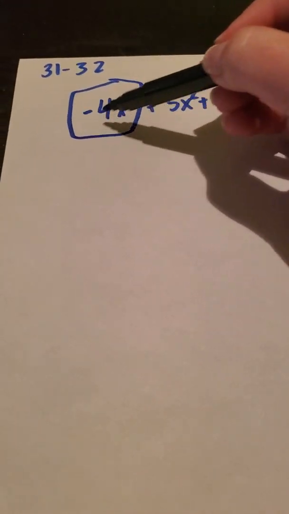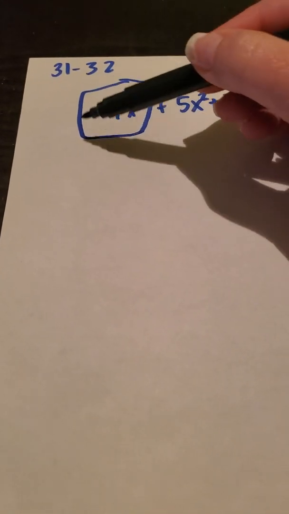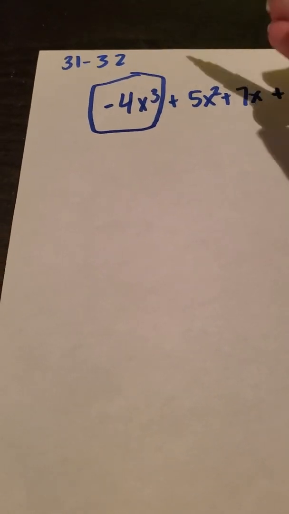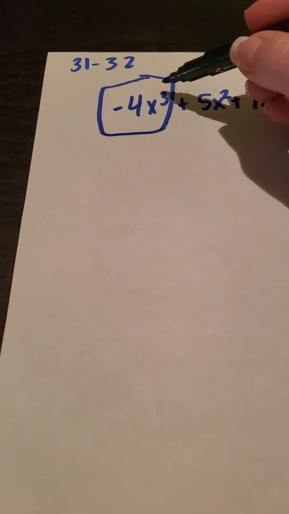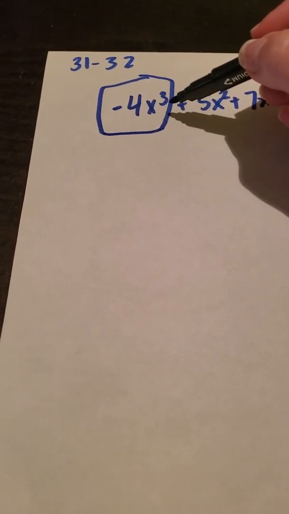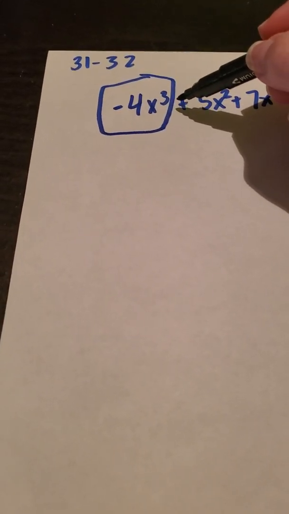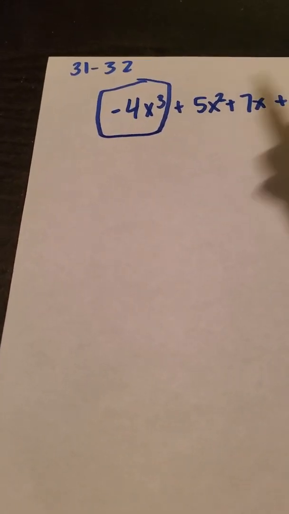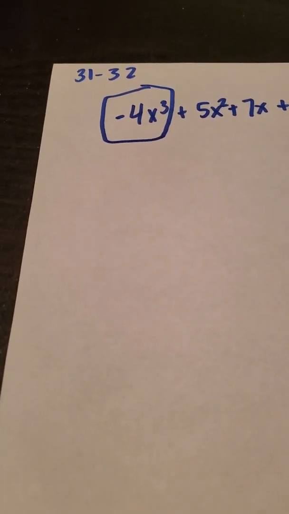I'm going to check my coefficient and see if it's positive or negative. This one is negative 4. And I'm going to check the degree. I check that exponent, which is 3. I'm checking to see, is it even or odd? And it's odd. That is all I have to look at to get the end behavior.